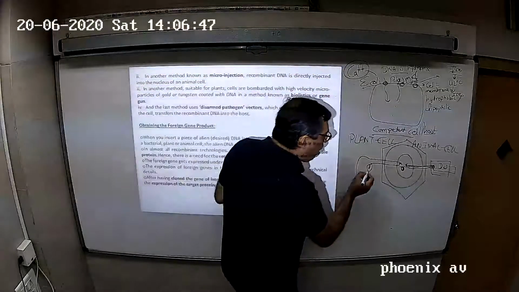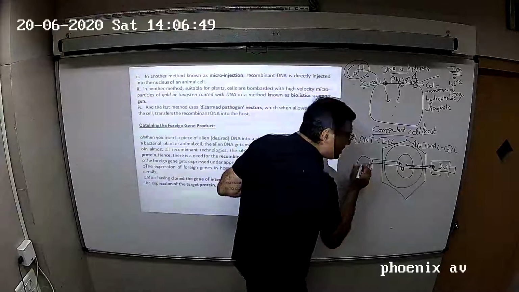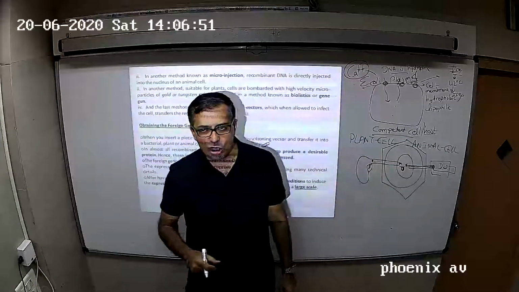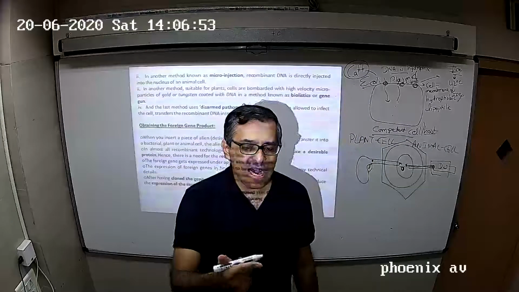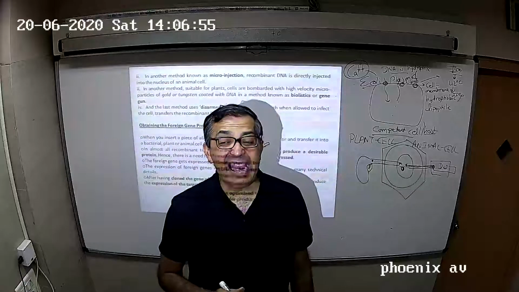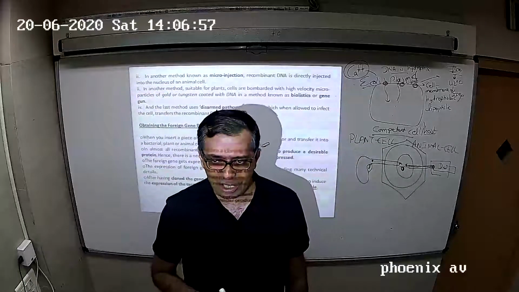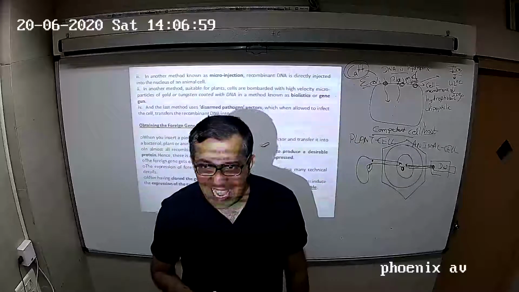So a particle of gold or tungsten is taken. You have done this in chemistry. What is the charge of gold and tungsten? They are highly positively charged. And what is the charge of DNA?